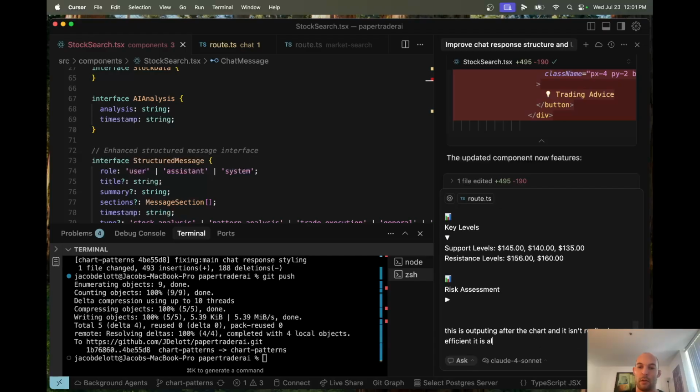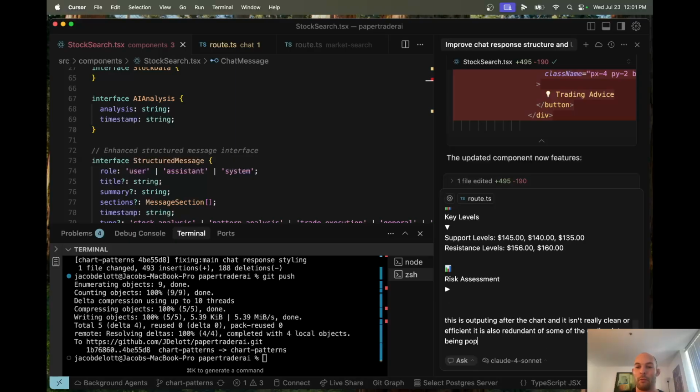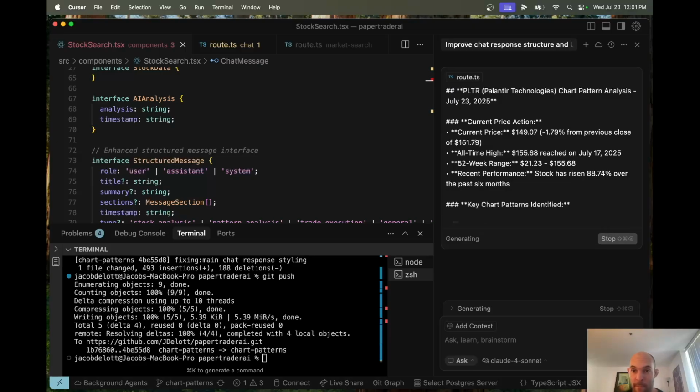It is also redundant of some of the earlier data being populated. Make this more logical and less invasive. Yeah, see what we get.